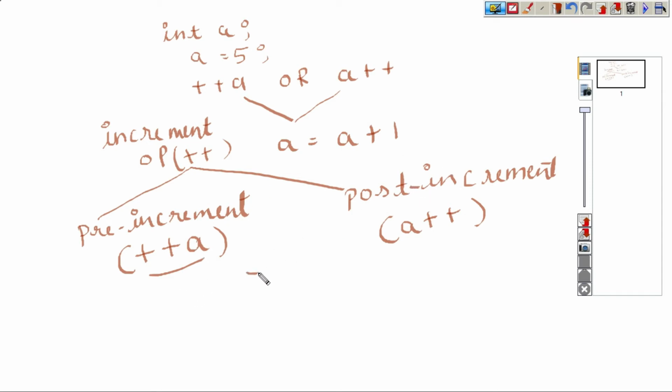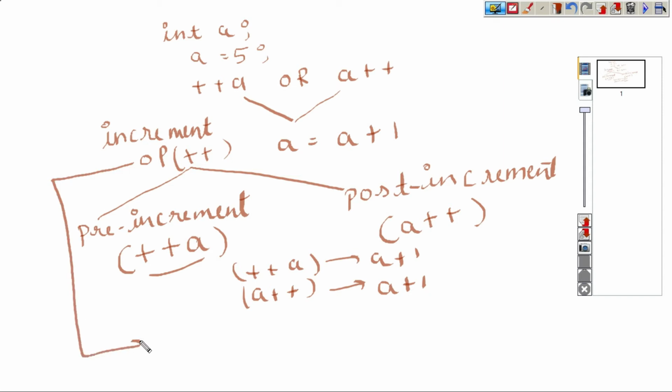Even if I write plus plus a or a plus plus, both of them make the value of a equal to a plus 1. But there is a slight difference between them. The first one is pre-increment.